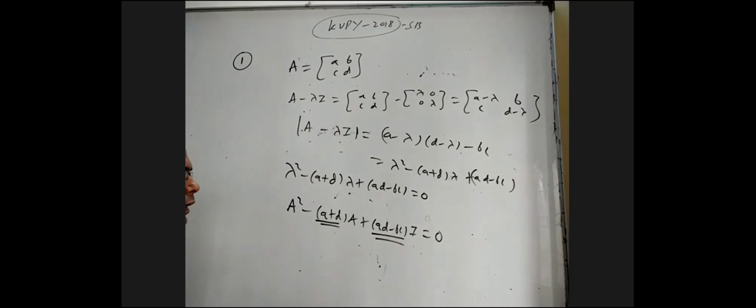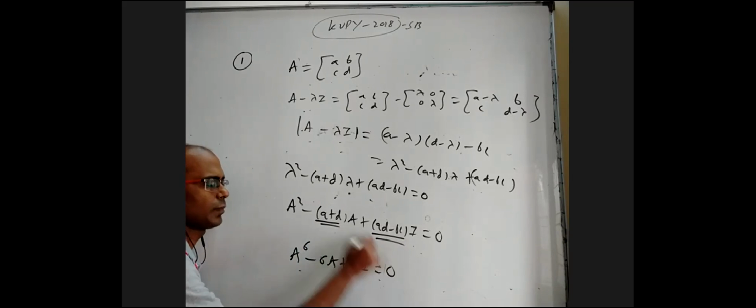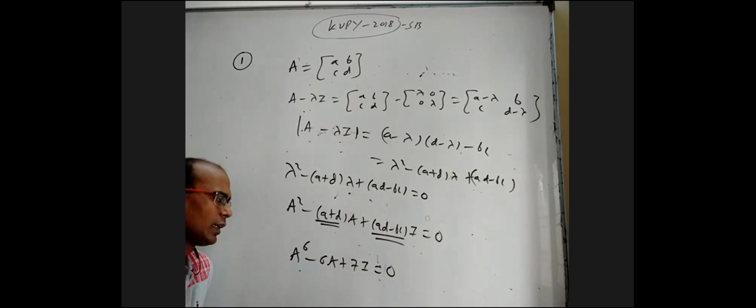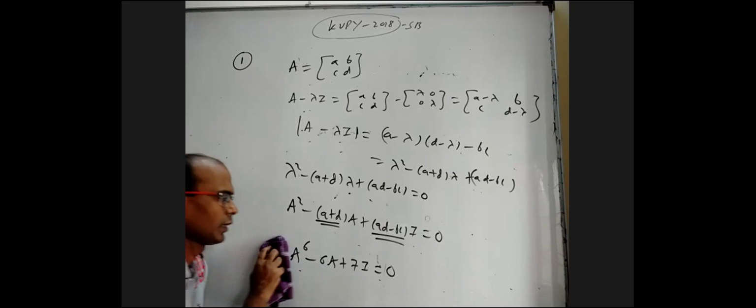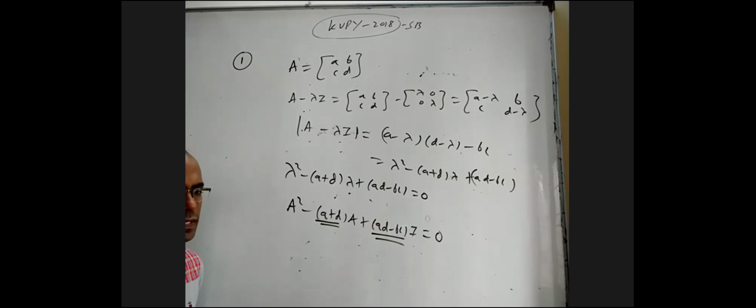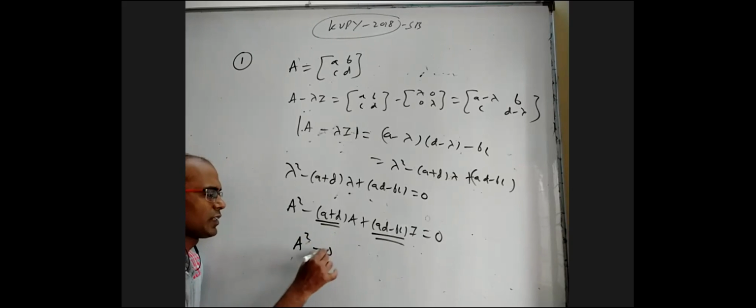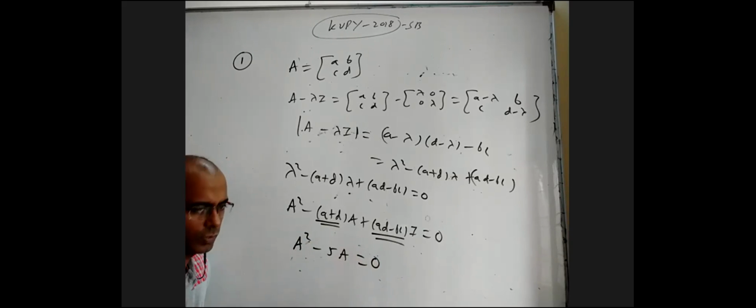If somebody says matrix A will satisfy A square minus 6A plus 7I equal to null matrix, and A is a 2 by 2 matrix, what can I conclude now? Trace is 6, determinant is 7.